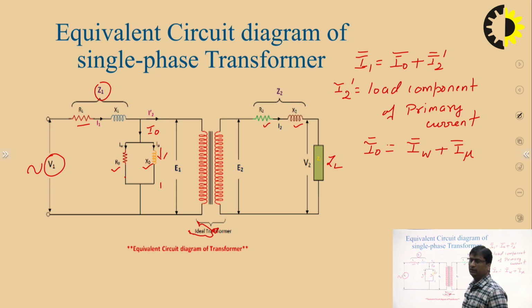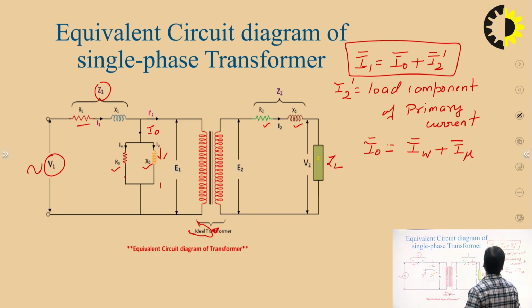The primary current consists of these two currents. This is the simple equivalent circuit of the single-phase transformer.